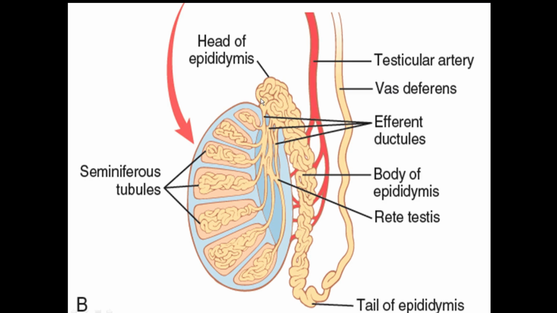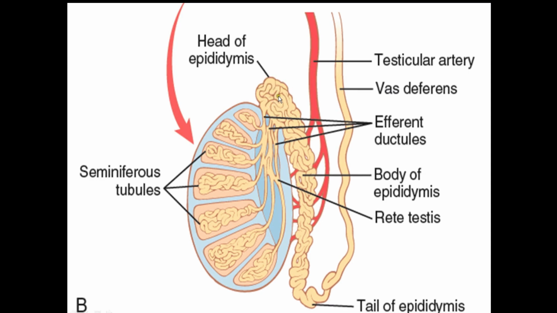The epididymis lies over the tip of each testis. This is the tail, the body, and the head of the epididymis. It is also a tubular structure about 6 meters long.